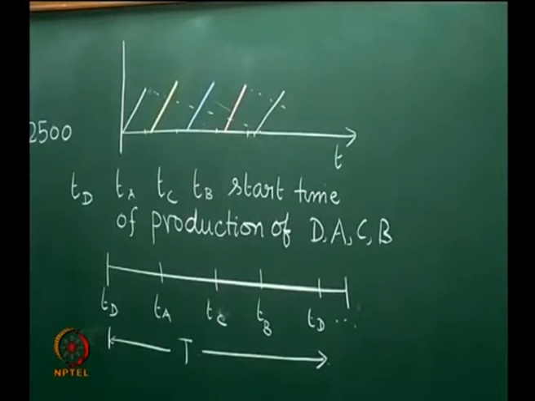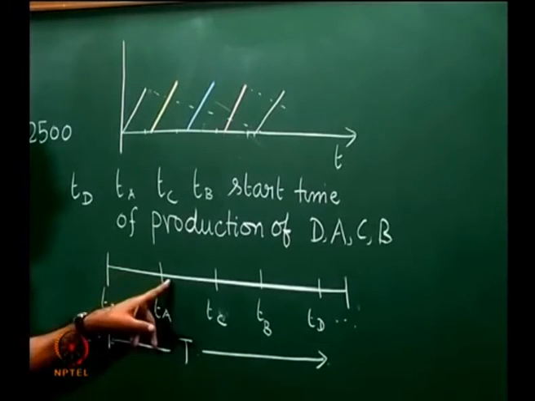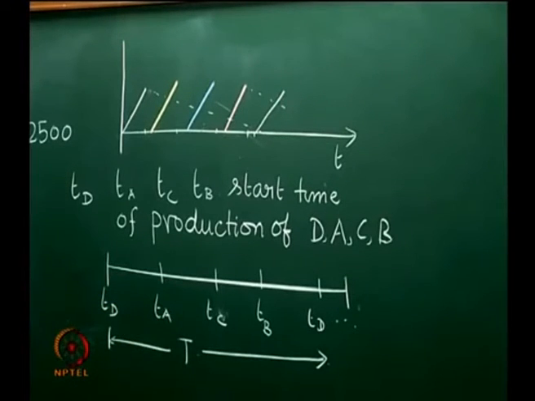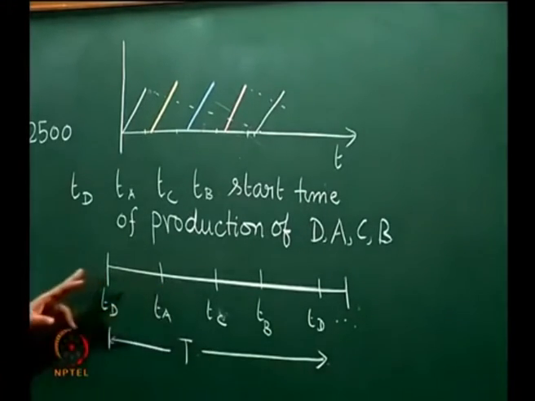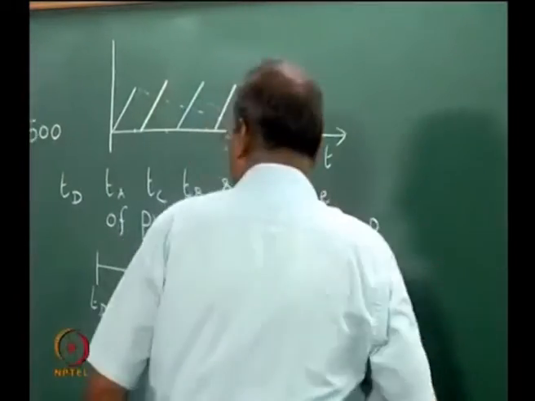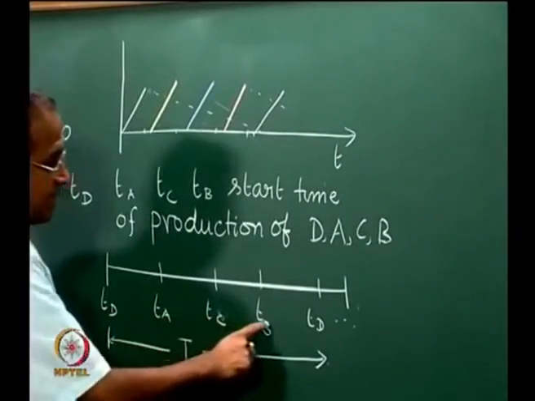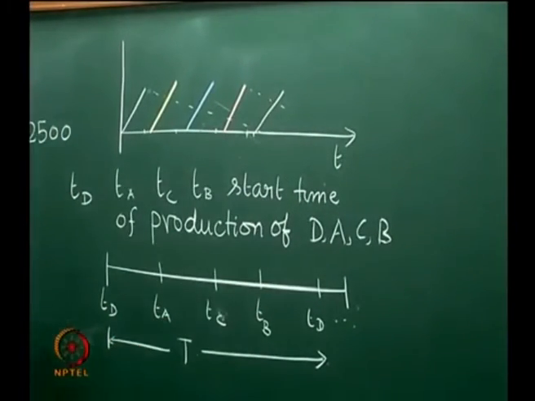So, when I start producing D here at time Td and I start producing A at Ta, then it means I produce item D for a period Ta minus Td. So, first thing I have to ensure is these productions Td, Ta, Tc and Tb should start before I exhaust these inventories.